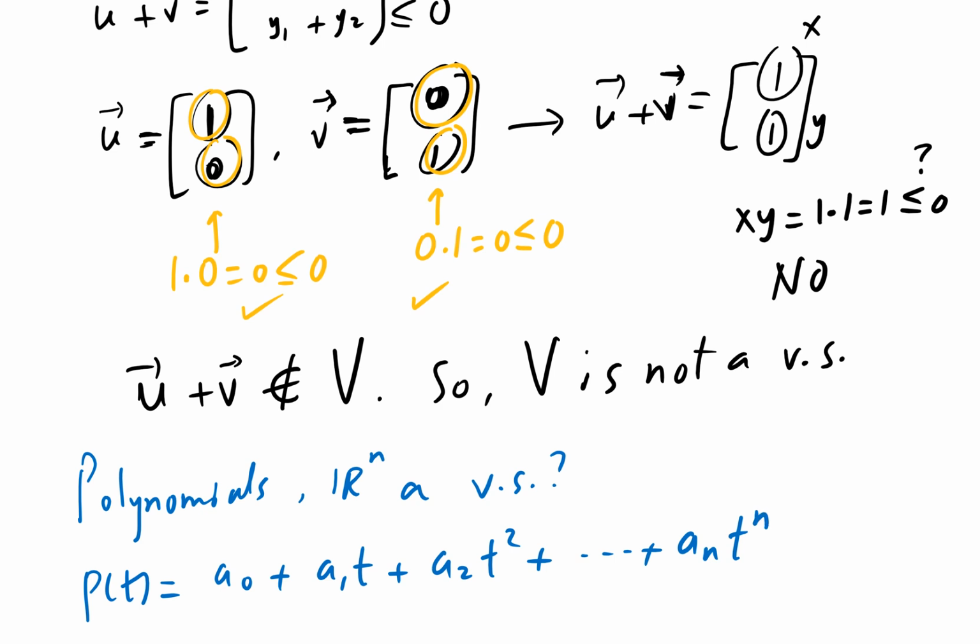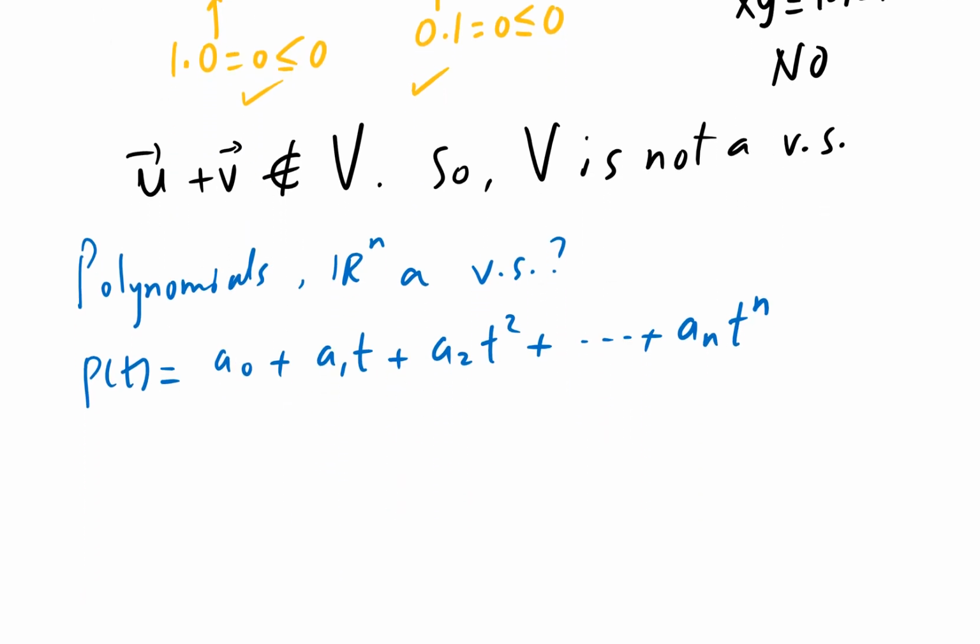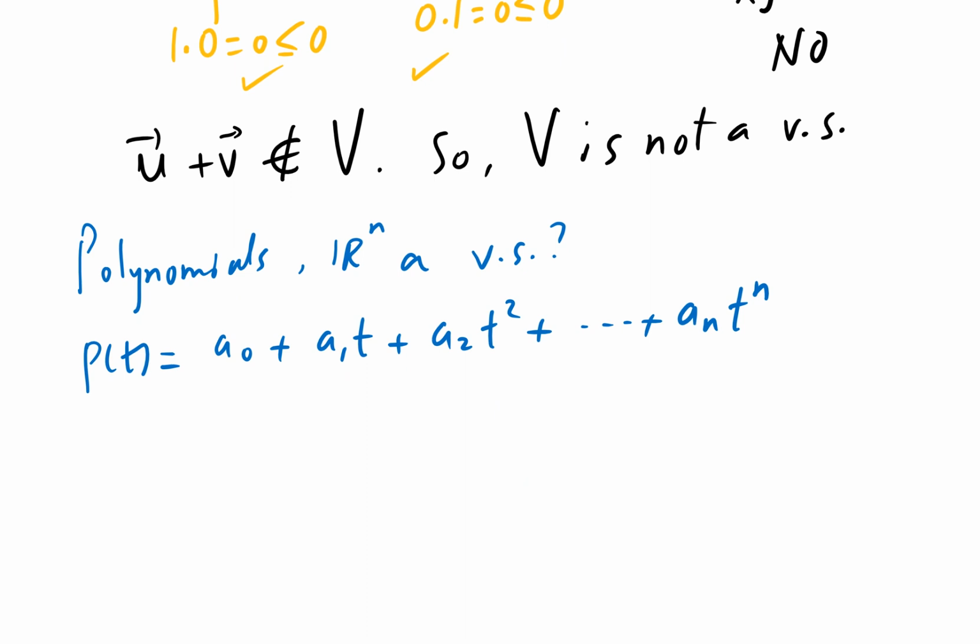This is a polynomial with degree n. a0 is called the constant term. a0, a1, a2 all the way to an are called coefficients. So degree is n, and a0 is the constant term. Just keep those in mind.